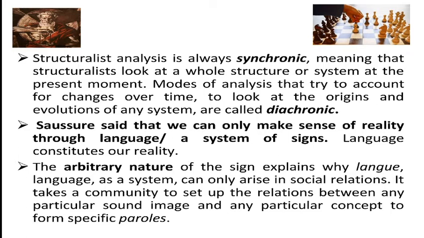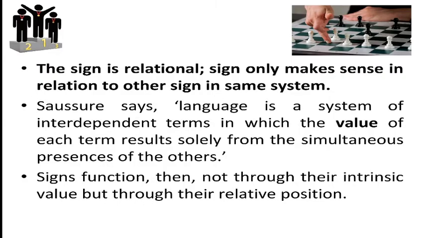Now, another important concept. The sign is relational. Sign only makes sense in relation to another sign in the same system. Saussure says, language is a system of interdependent terms in which the value of each term results solely from the simultaneous presence of the others.